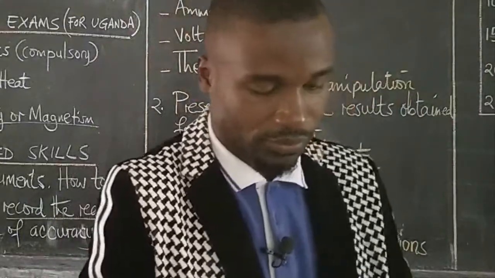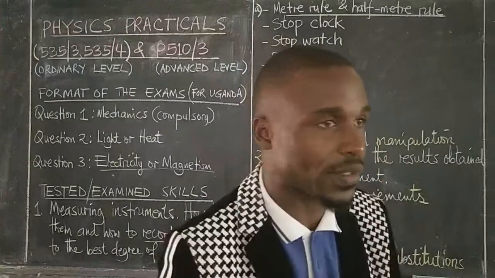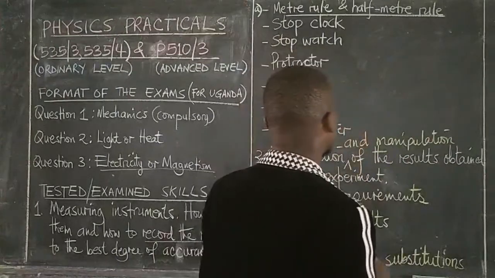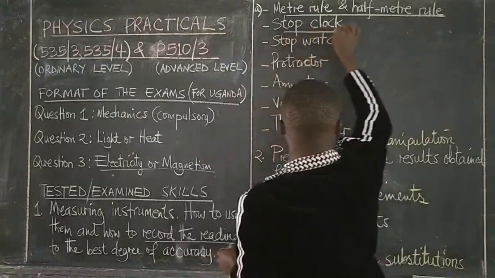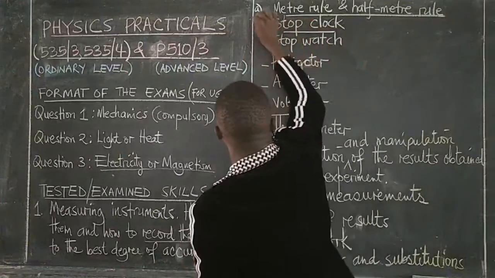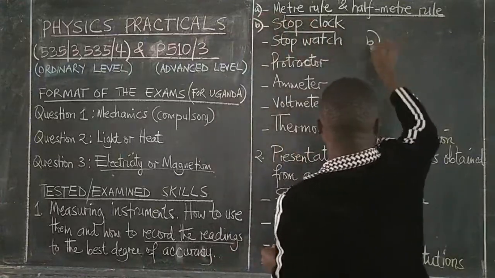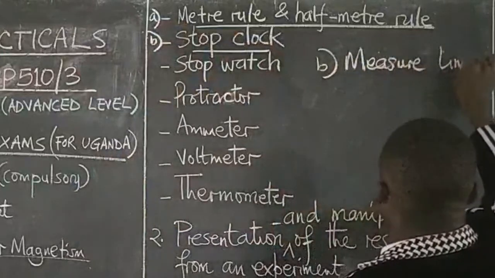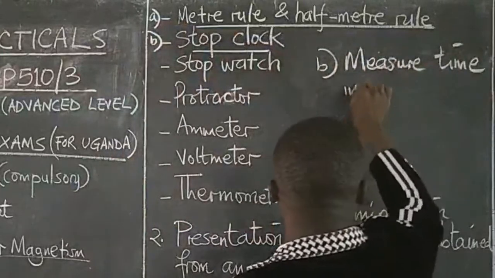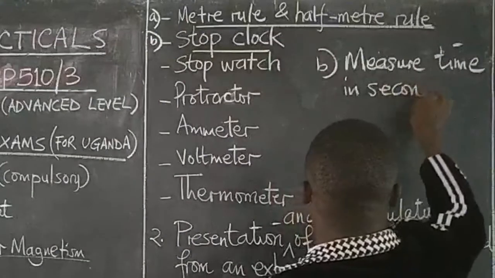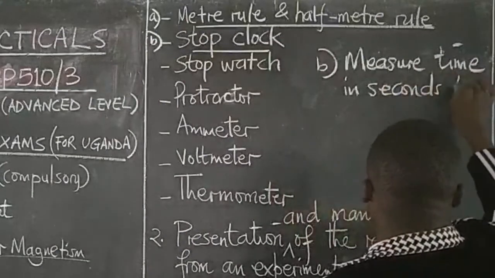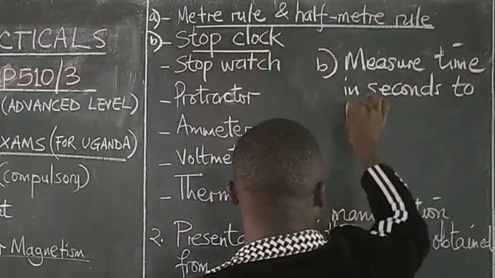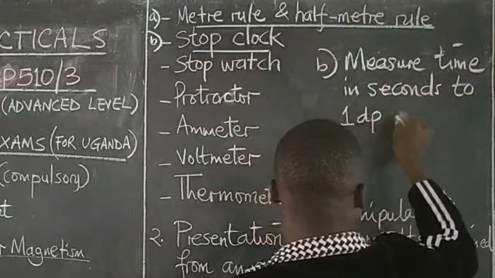So for now, our interest is, what is the degree of accuracy? So this one, a stop clock, part B, measures time in seconds. To how many decimal places? To 1 dp.